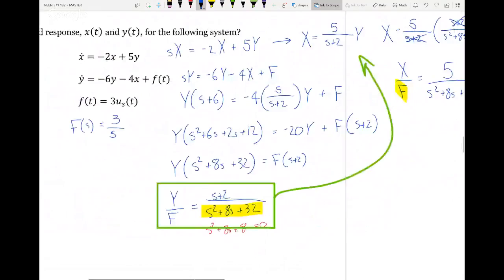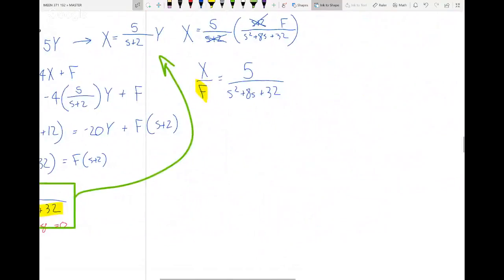Okay, and so that's what we're going to be adding to these. So we're going to say that x then is going to be now 5 times 3 over s times s squared plus 8s plus 32.